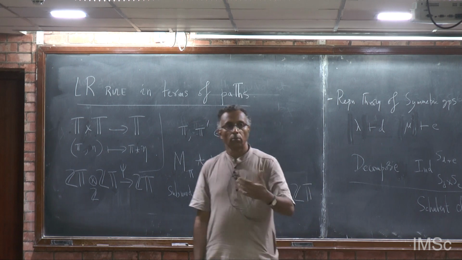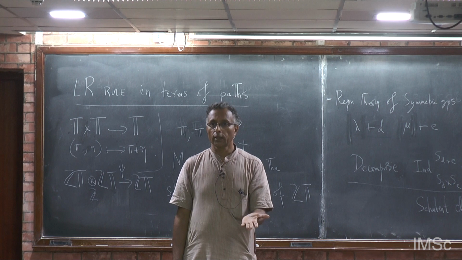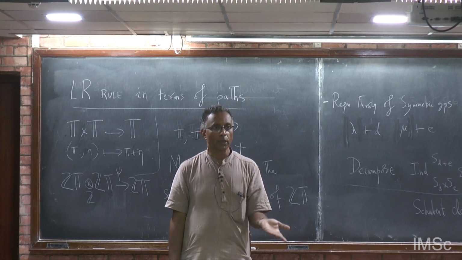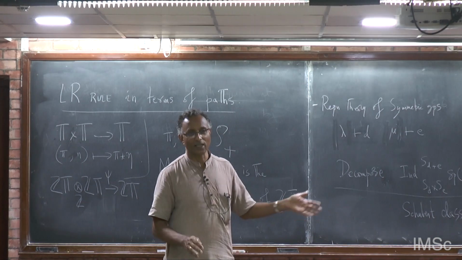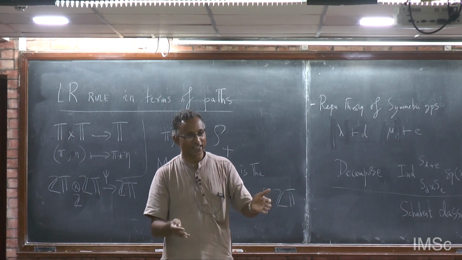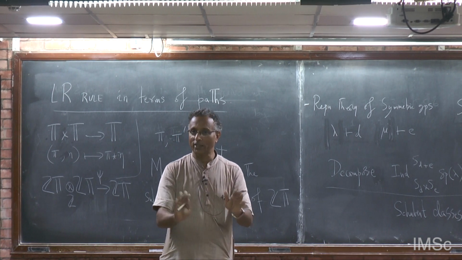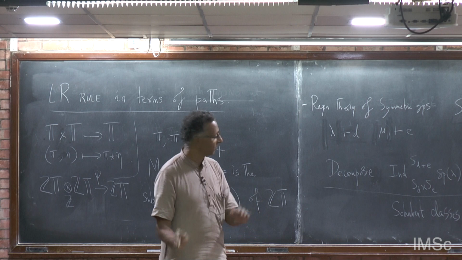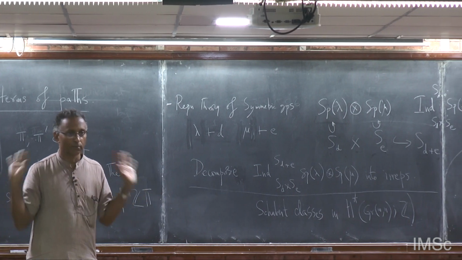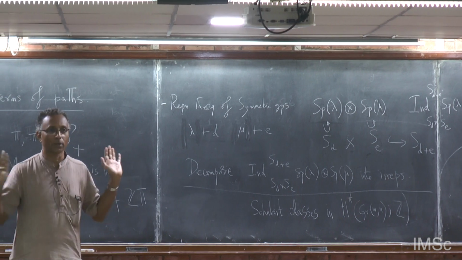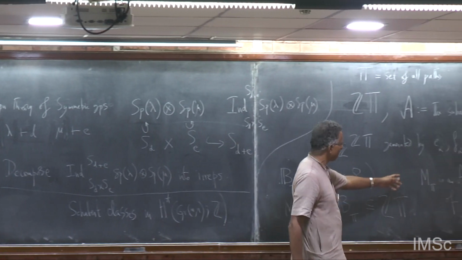Because B pi is closed under the root operators. I mean, this is rather silly. We are not doing anything extra, but it's convenient to have this language. We are not doing anything deep, we are just setting it up. That's all. So is this okay? M pi is an A submodule.